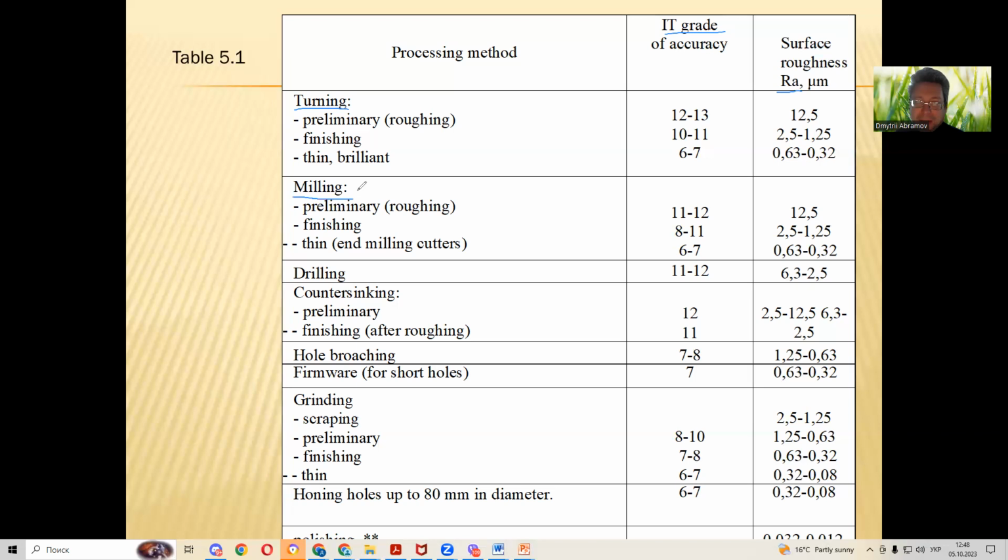For finishing milling, IT grade from 8 to 11, and roughness Ra from 2.5 to 1.25.